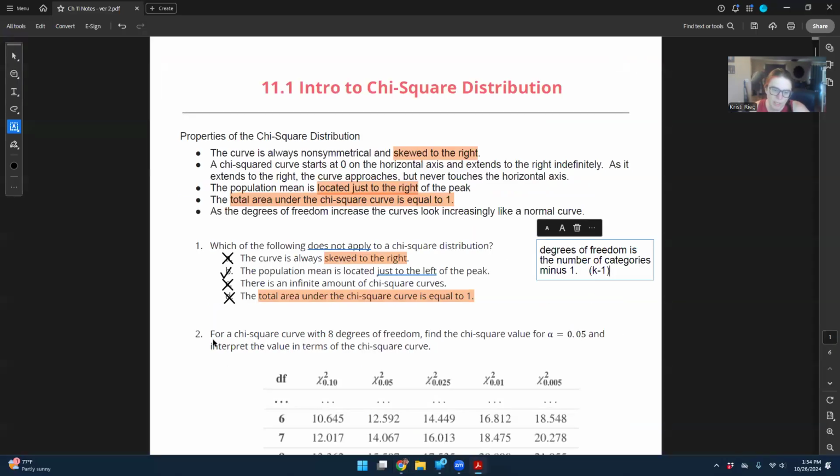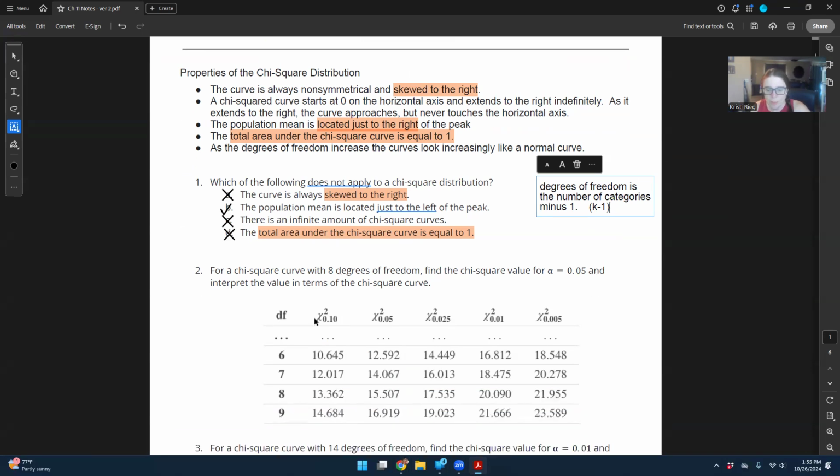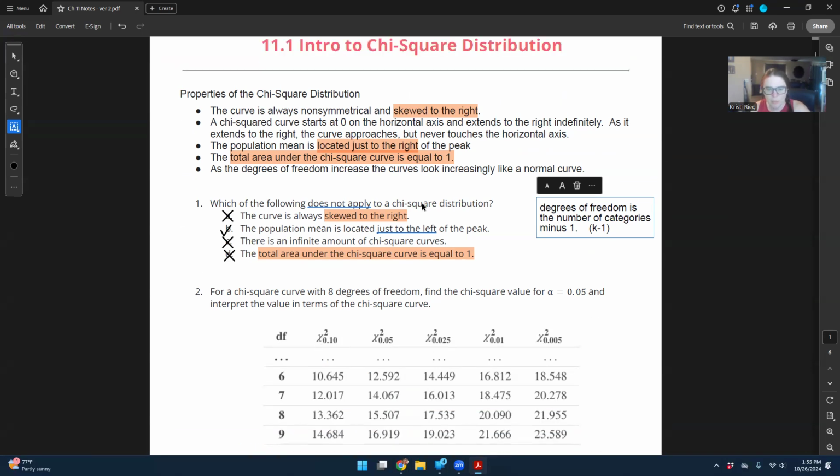So this first one says, for a chi-squared curve with 8 degrees of freedom, find the chi-square value for alpha equals 0.05. The symbol for chi-squared is a chi, which kind of looks like a curvy X, and then a square. So the chi-squared distribution with 8 degrees of freedom. Our degrees of freedom are over here.